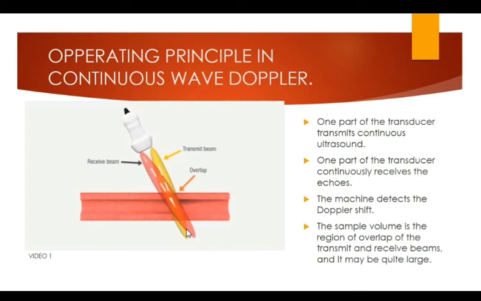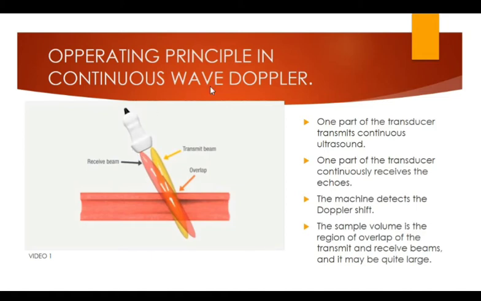So basically what's happening is one part of the transducer transmits that continuous ultrasound, and then another crystal or a section of crystals is receiving the echoes, and the machine is detecting the Doppler shift from the original to the receiving echo.